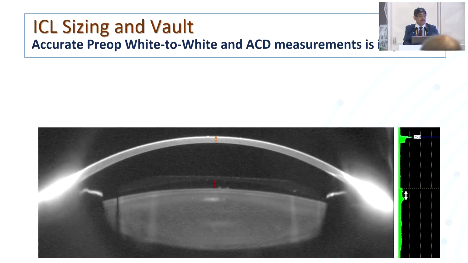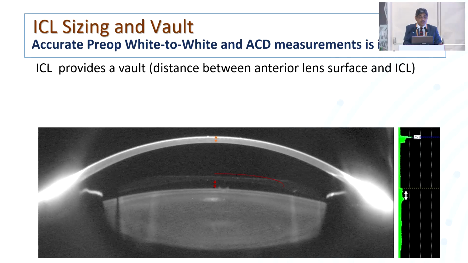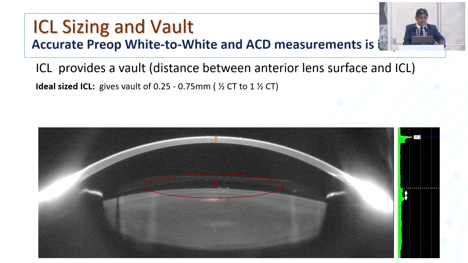So why is this important? Because we get a vault of this lens over the crystalline lens. So ICL provides a vault. The ideal sized ICL is one which gives a vault of 0.25 millimeter to 0.75 millimeter. So how to check it? We can check it with the thickness of the cornea.